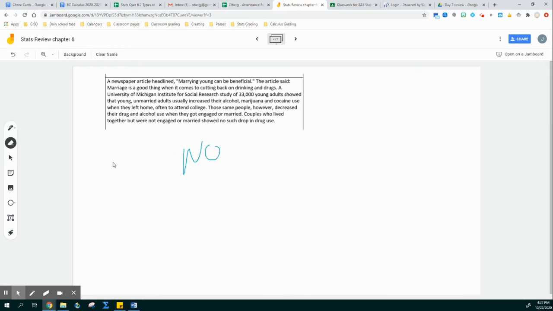Okay, let's get rid of that first line. There is no treatment. If there's no treatment, then this is an observational study.